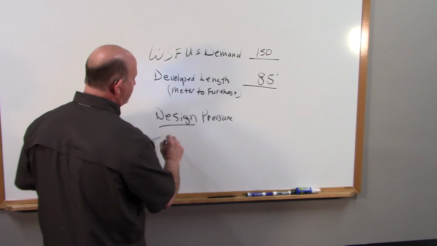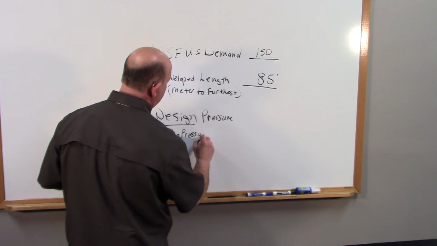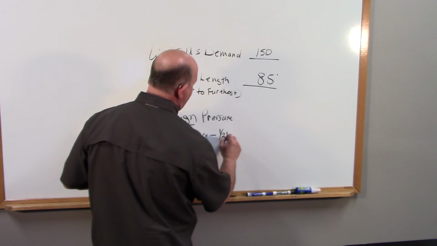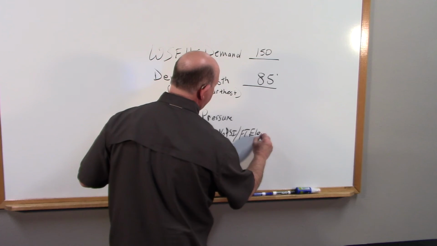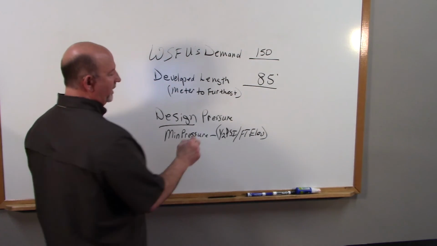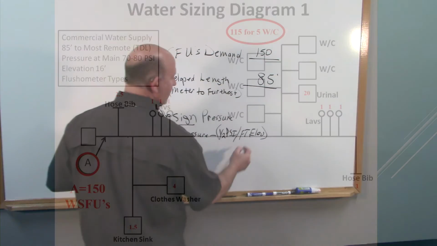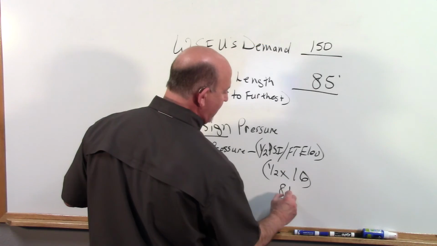So my design pressure, to get that, I take the minimum pressure and I'm going to subtract 0.5 PSI per foot of elevation change, right? So in this design, they told us we have an elevation change of 16 feet. So 0.5 times 16, that's going to be 8 PSI.